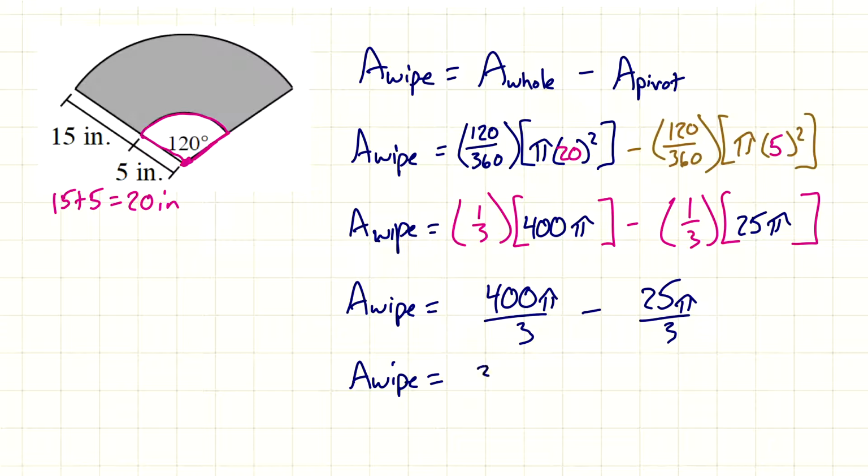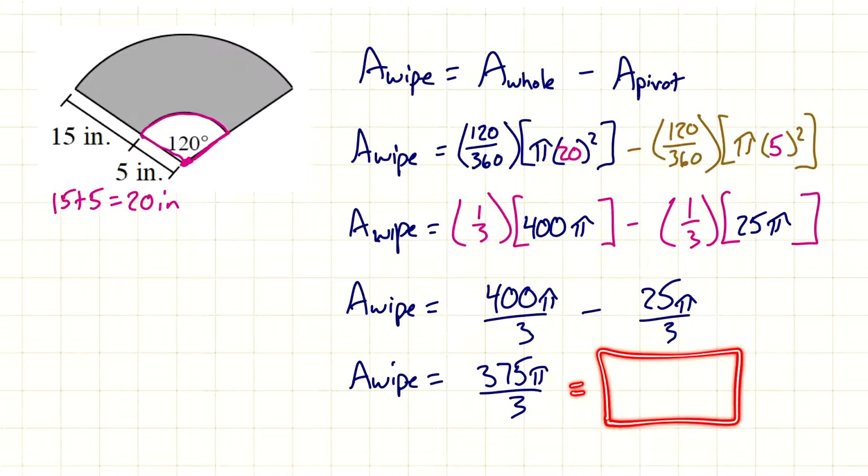This will be 375 pi over 3. Right. And what is 375 divided by 3? So what does this reduce to? Let me see if you could tell me what this reduces to. Don't forget pi in your answer.